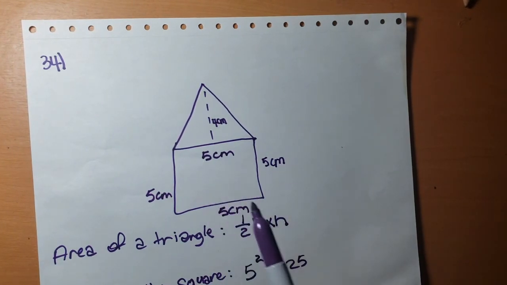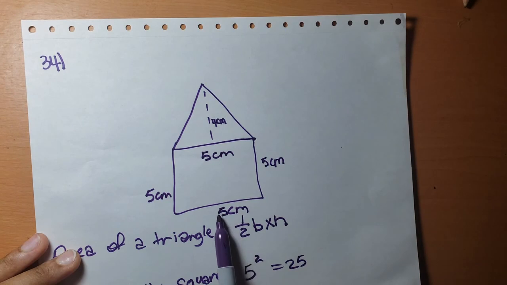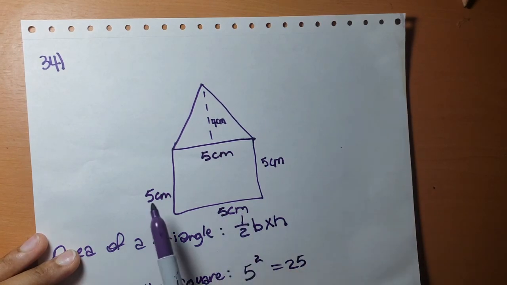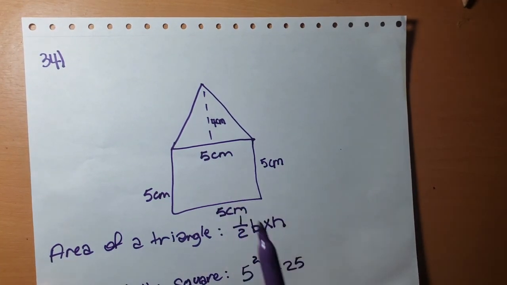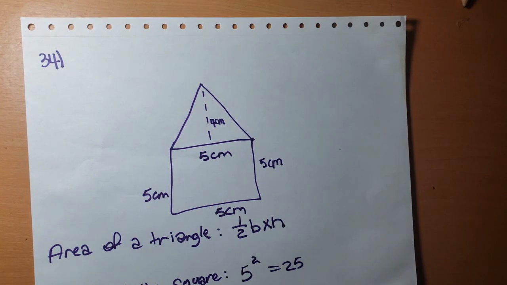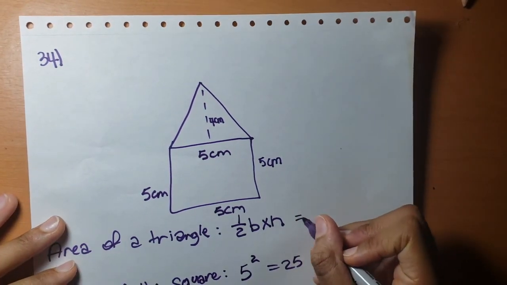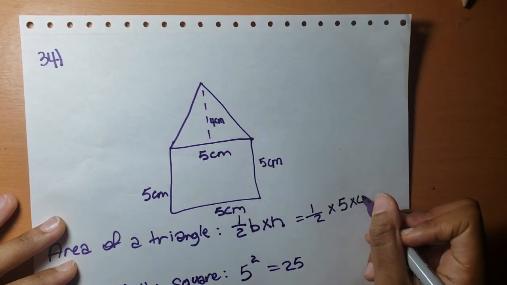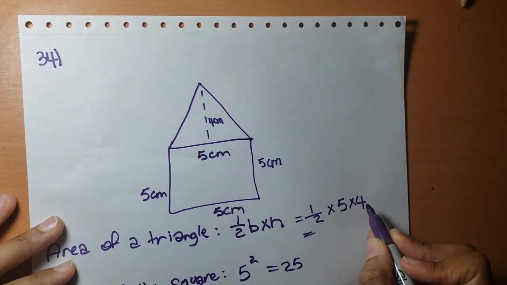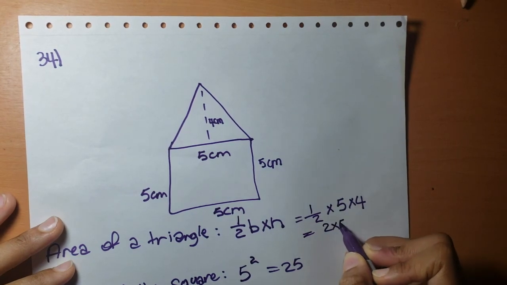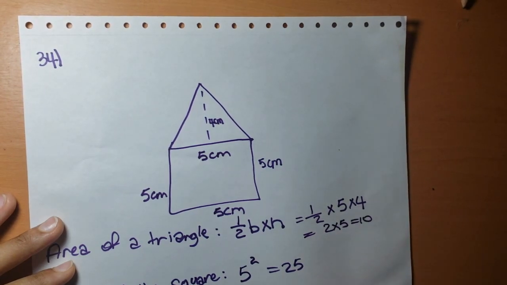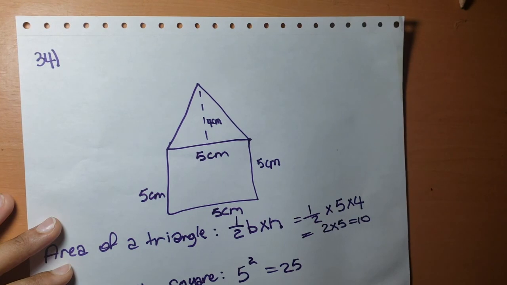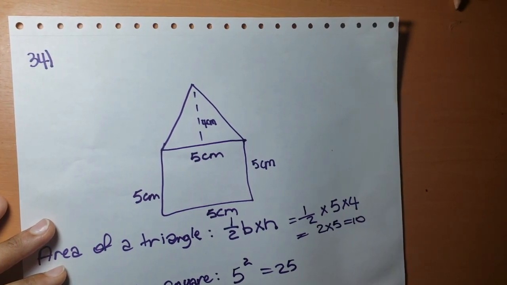If the distance right here is 5, right here is 5, right here is 5, it's a square, so this side must be 5 as well. So therefore the base is equal to 5. So that would be half times 5 times 4. And that would be, so 4 upon 2 would be 2 times 5, and that would be 10. So therefore the area of the triangle is 10 and the area of the square is 25. The total area is 35.